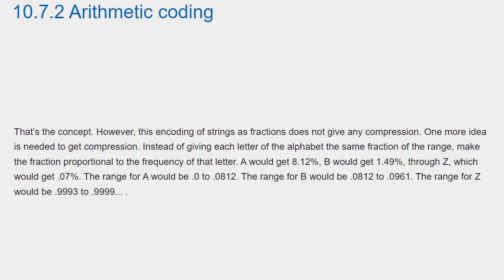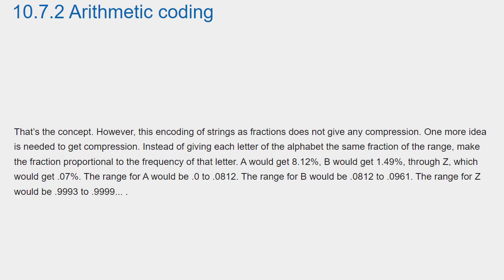That's the concept. However, this encoding of strings as fractions does not give any compression. One more idea is needed to get compression. Instead of giving each letter of the alphabet the same fraction of the range, make the fraction proportional to the frequency of that letter. A would get 8.12%, B would get 1.49%, through Z, which would get 0.07%.